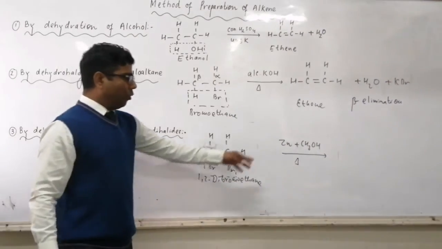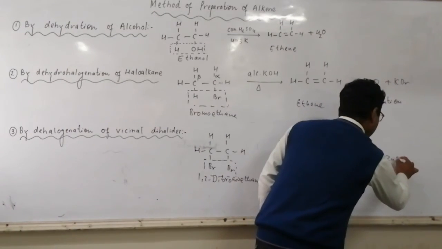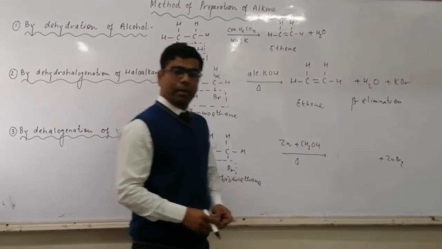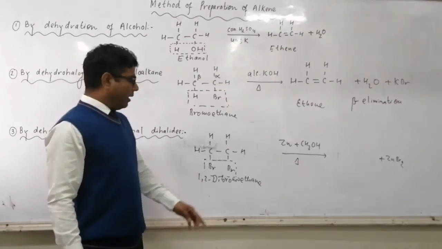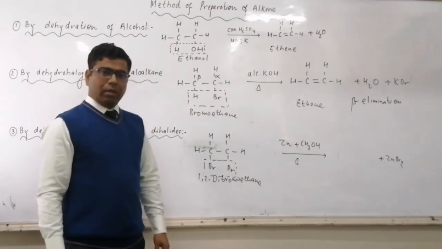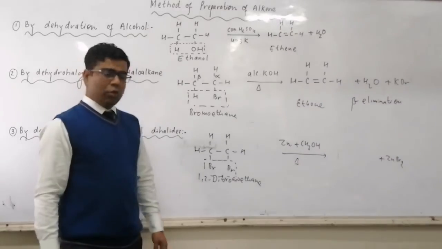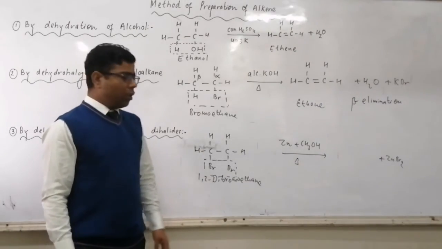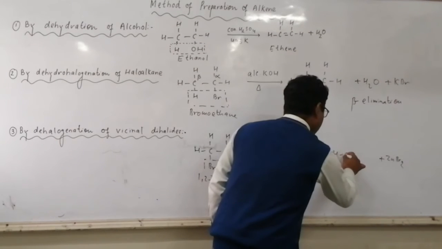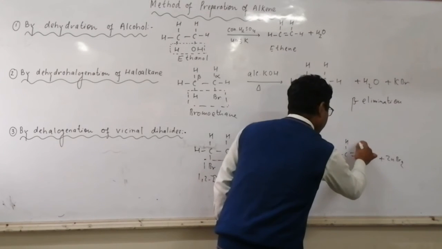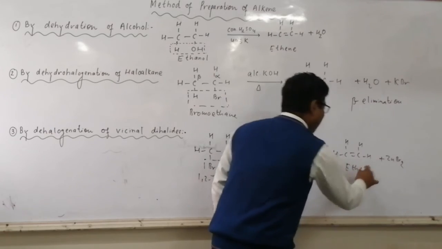The removed Br2 reacts with zinc powder and forms the side product as ZnBr2. Now, removal of Br from here creates a bond deficiency of 1 over carbon. Removal of Br from here creates a bond deficiency of 1 over this carbon. So both carbon atoms are 1 bond deficient, so there will be formation of new bond between the carbon-carbon atom, as a result of which we obtain ethene as the product.